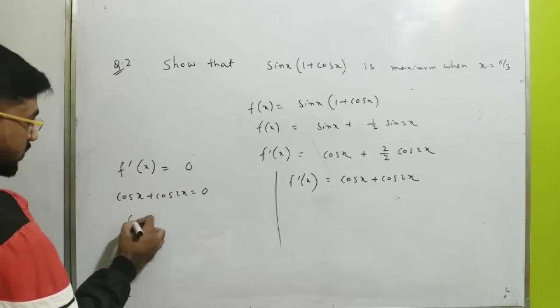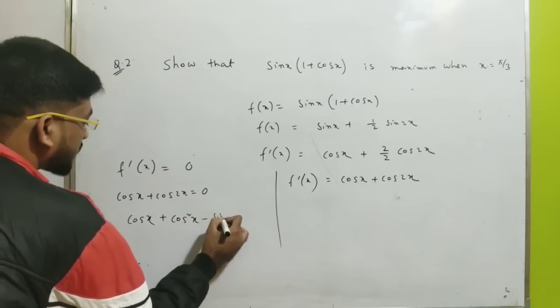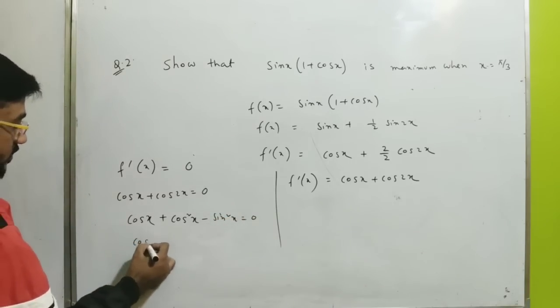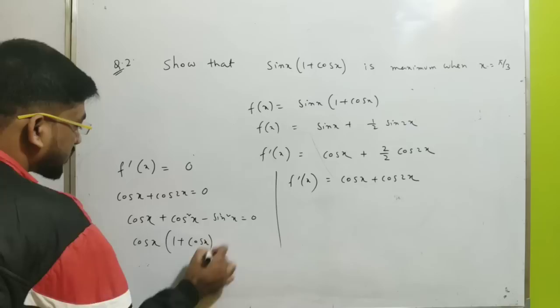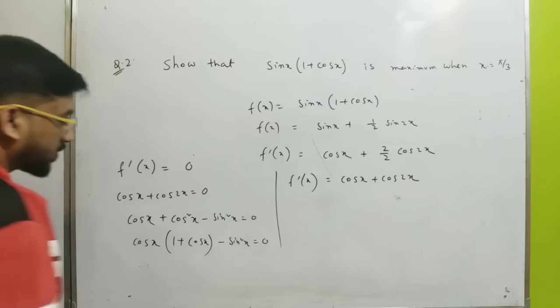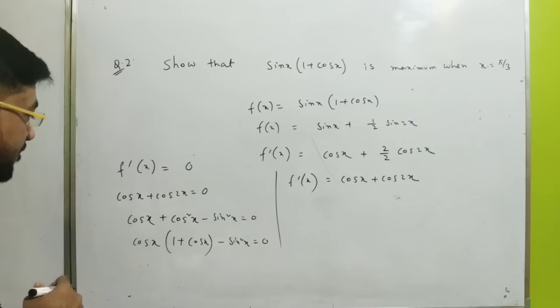So I can solve here: cos x plus cos square x minus sin square x is equal to 0. If we take cos x common, and sin square x can be written as 1 minus cos square x also, so you can solve it.